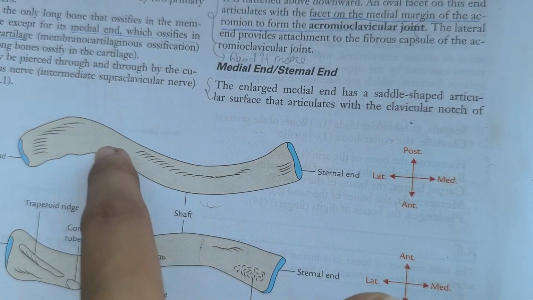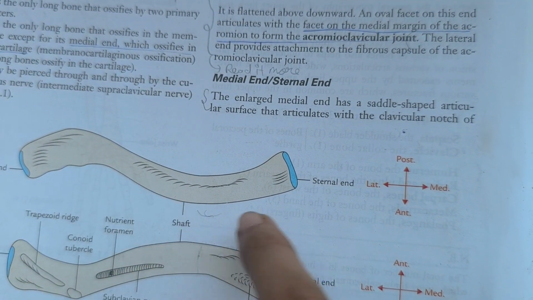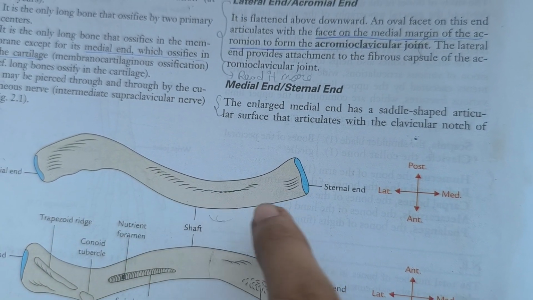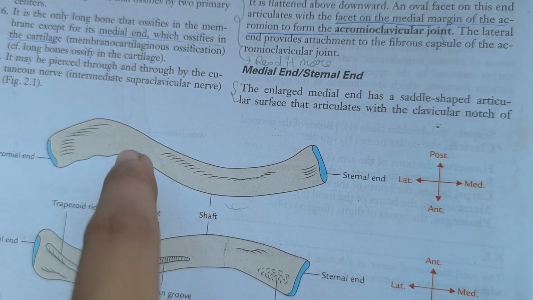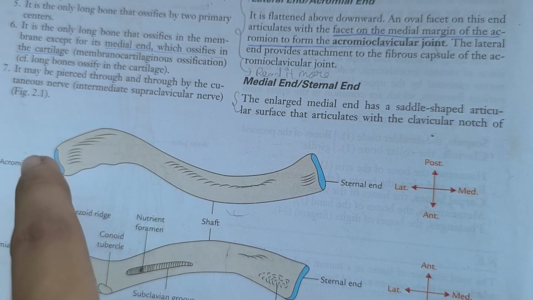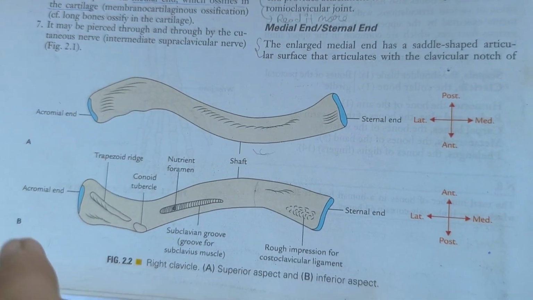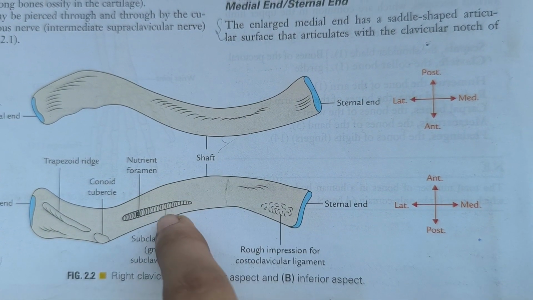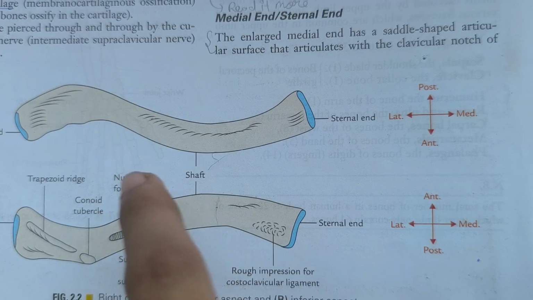Anteriorly it is convex in the medial two-thirds and concave in the lateral one-third. And this is the superior aspect, and the inferior aspect we have just read.